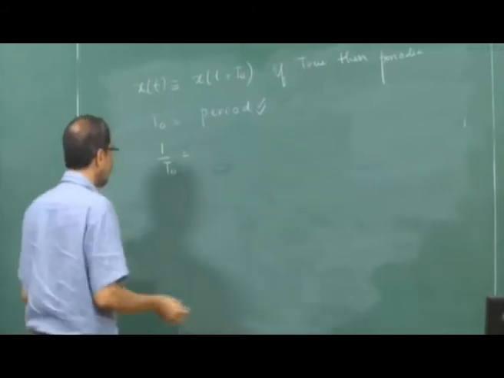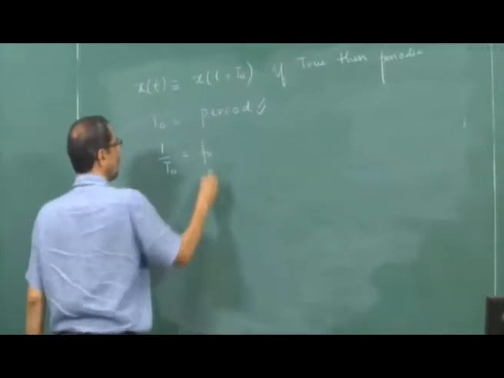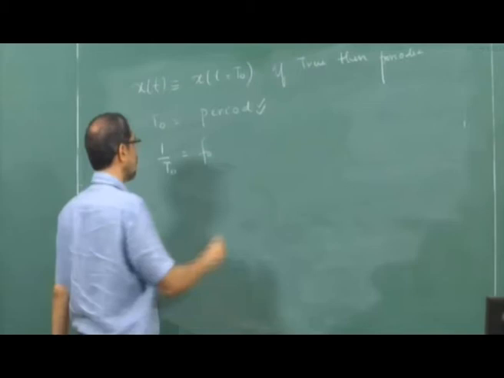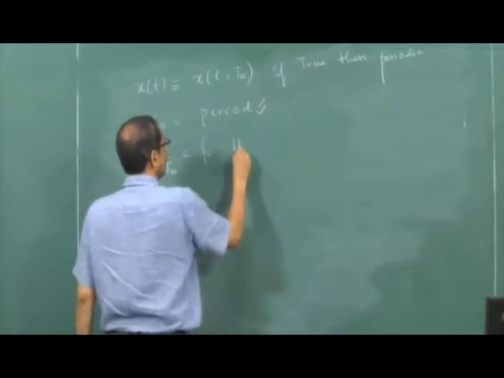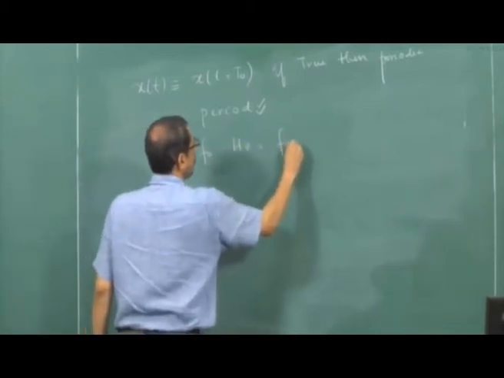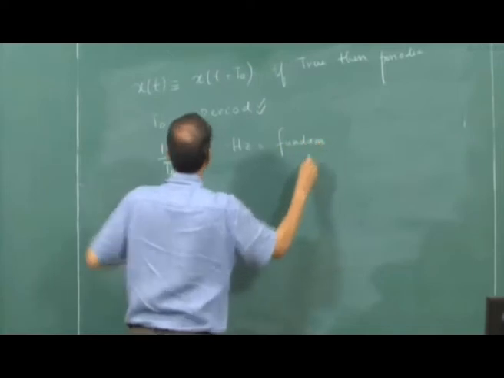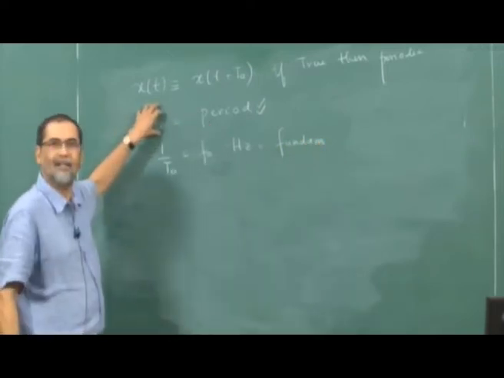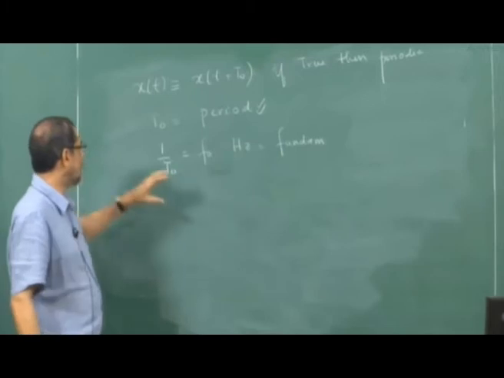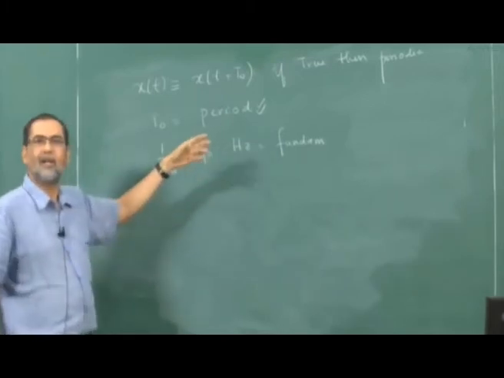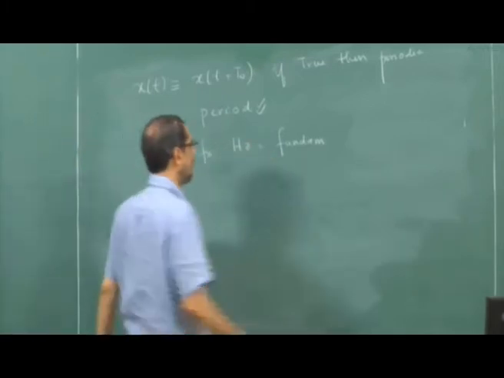T naught will be in terms of seconds. 1 by T naught is called F naught, the fundamental frequency in hertz. F naught hertz is called the fundamental frequency because T naught is the smallest period, right? So F naught will be the fundamental frequency.